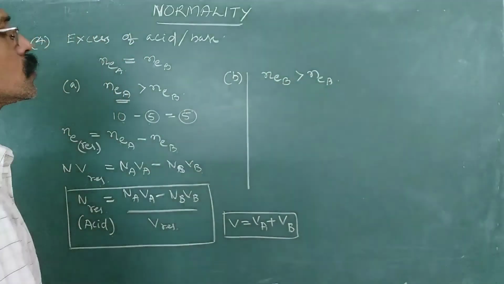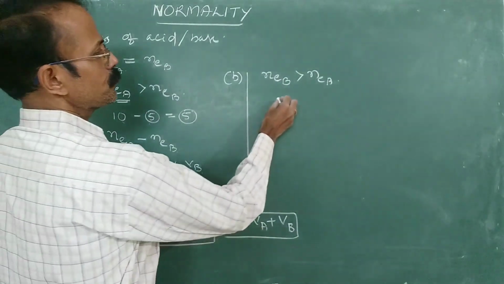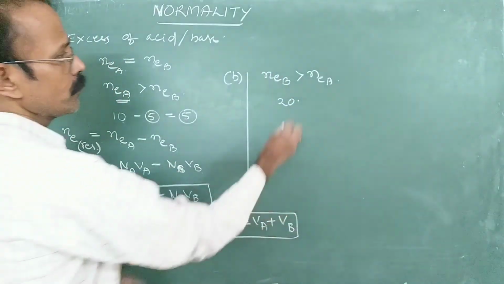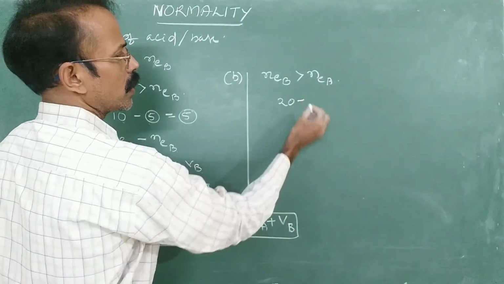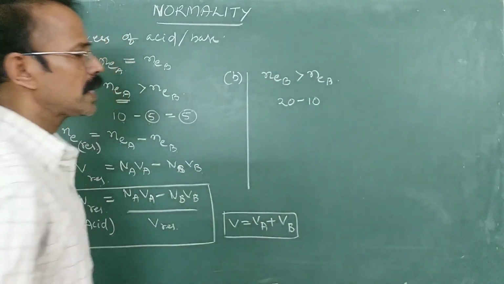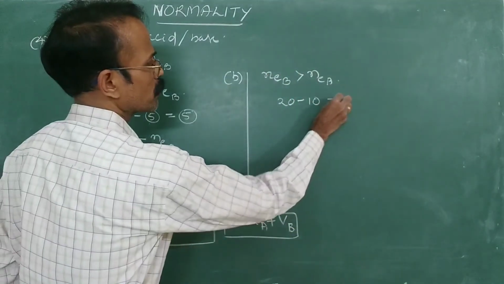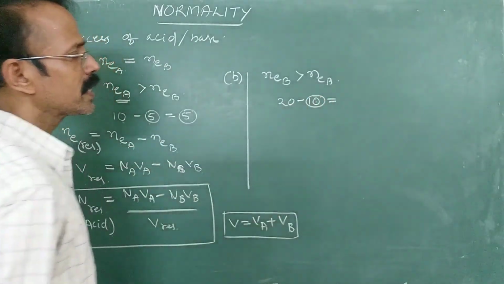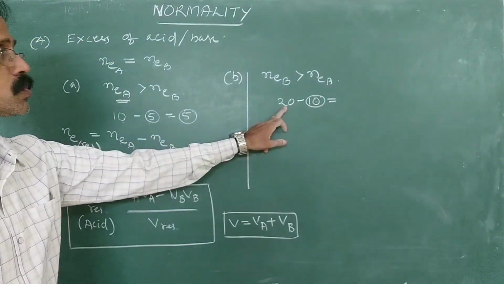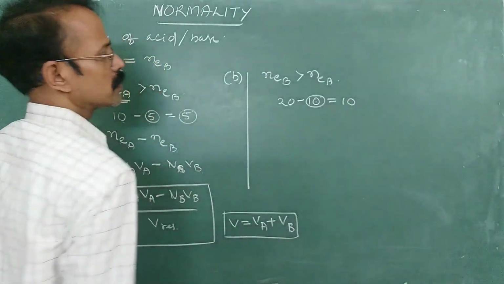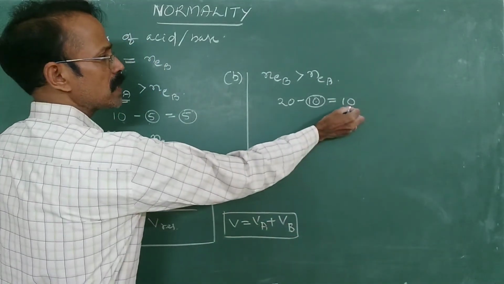For example, 20 equivalents of base are taken and a limited amount of acid is added, say 10 equivalents of acid. Then 10 equivalents of acid are neutralized by 10 equivalents of base. So that means 10 equivalents will be left. This is the amount of base that is left.